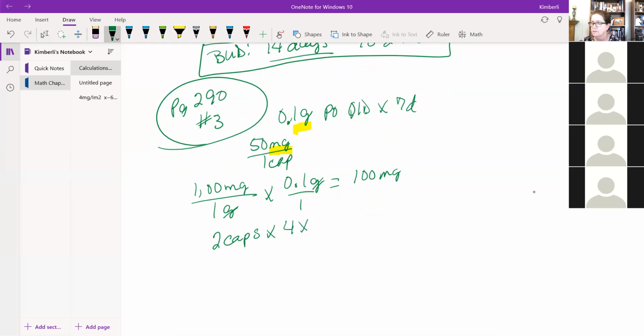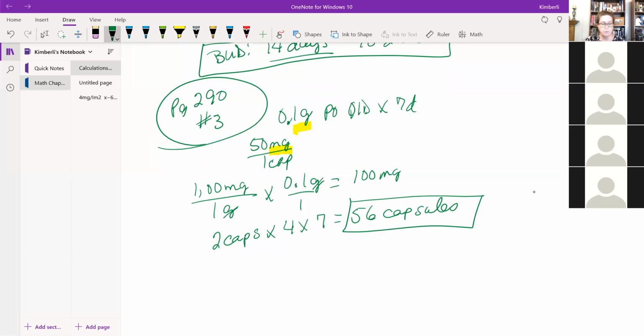Times how many days? 7. How many capsules is that going to be? 56. So I'm going to give them 56 capsules. So how many capsules are needed to fill this prescription? There's your answer.